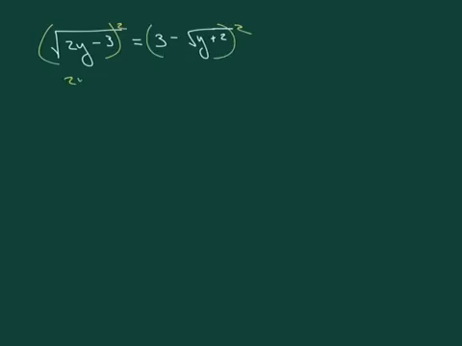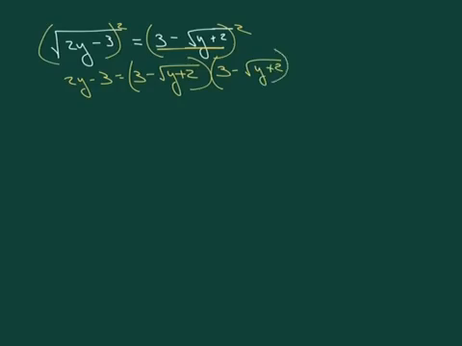So that gives me 2y minus 3 equals, I'm going to put those as 3 minus the square root of y plus 2 times 3 minus the square root of y plus 2. Now, let's go ahead and do the FOIL method to that.